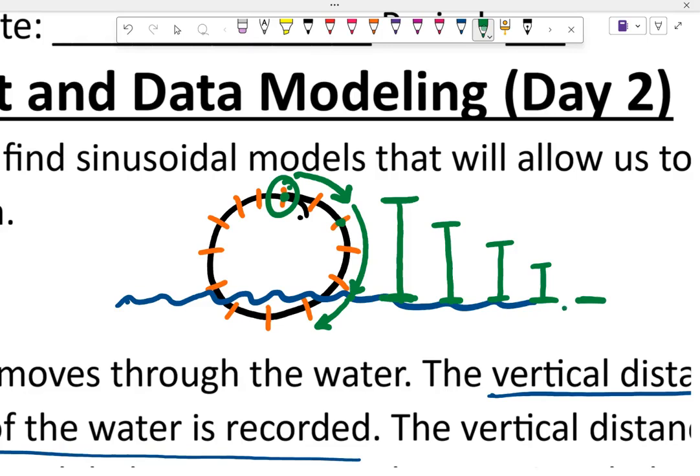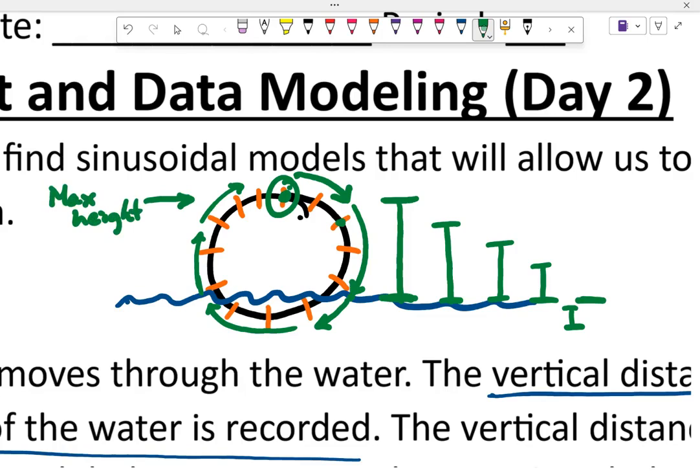Because we are below the surface of the water. But it's only below the surface for a little bit of time, and then what happens? What happens to my heights as it goes back up? It increases until it reaches that top. What could we say that top is? That max height, right? Max height.